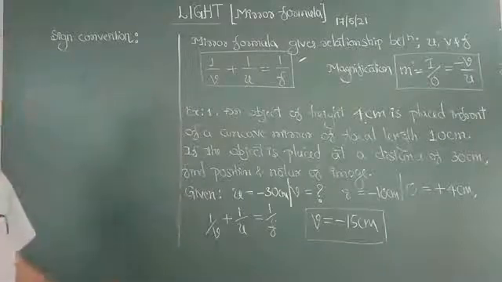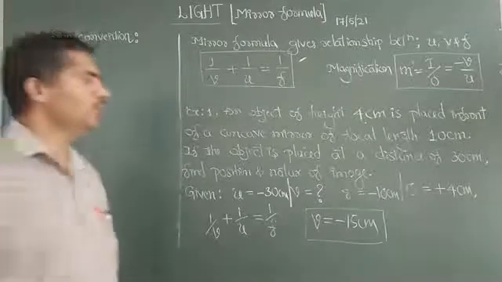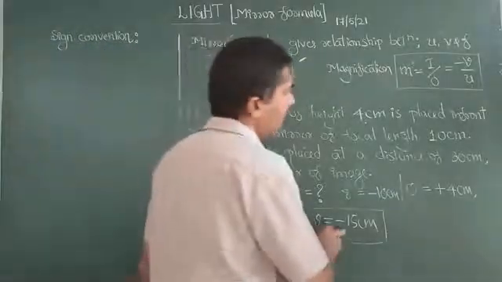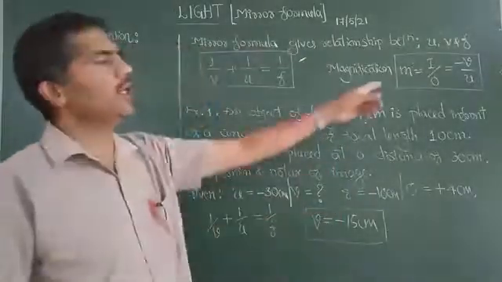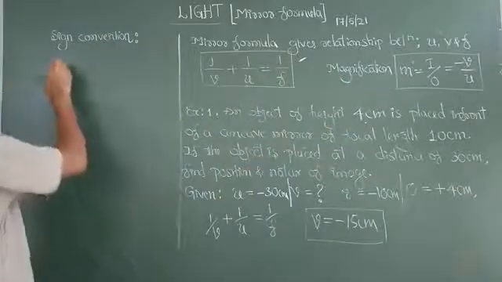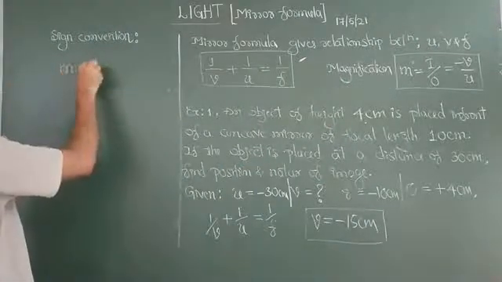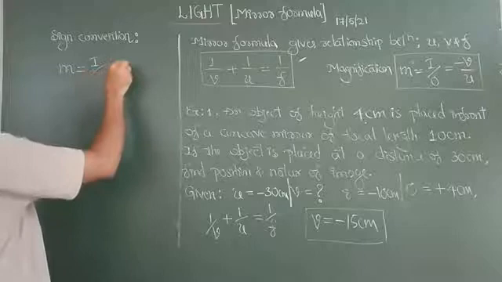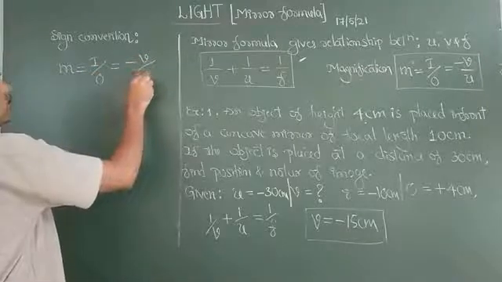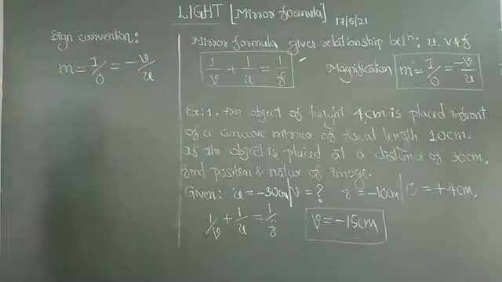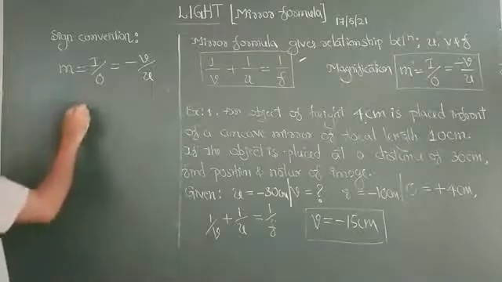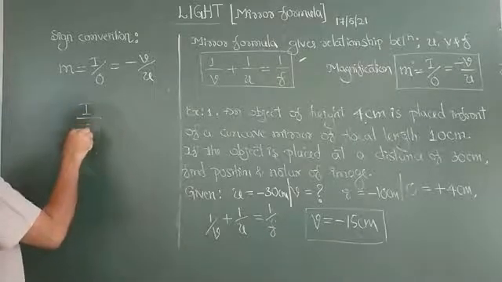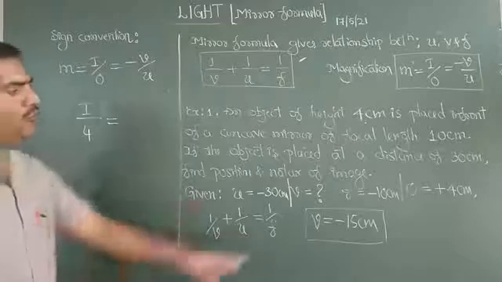To understand that, now I should know what the height of the image is. There I go for that formula. Magnification m equal to I by O, height of image by height of object, equal to minus v by u. Again sign convention similar. I is not given, O is 4, equal to minus v.